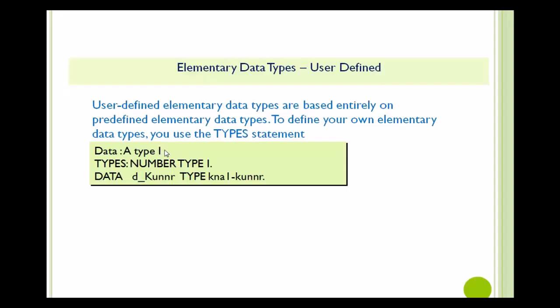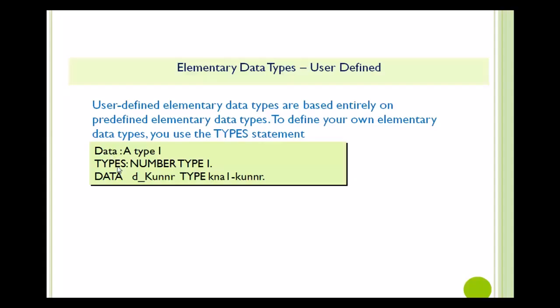When you declare integer type, by default 4 bytes length is occupied. That's why you should not provide any length like A of 20 or A of 10; you cannot provide that. These are the variables you have to create.